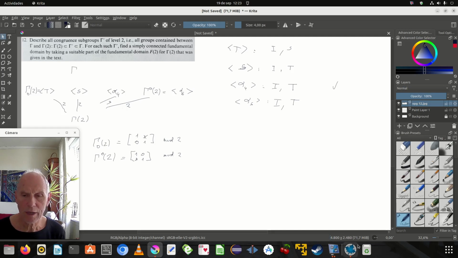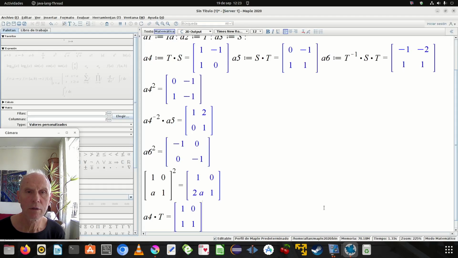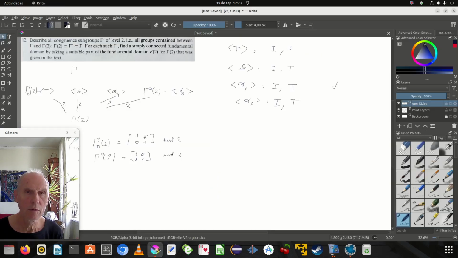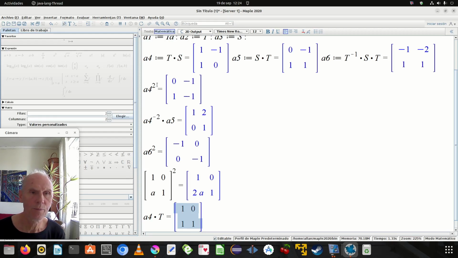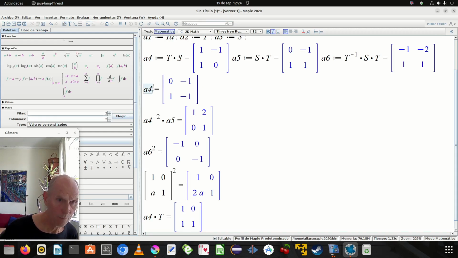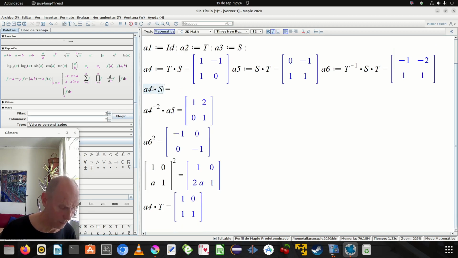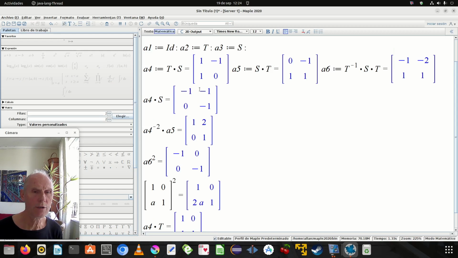So let's check whether alpha 4 is possible. So we want alpha 4 here. So it's a question whether S alpha 4 lies in gamma naught. And it does.